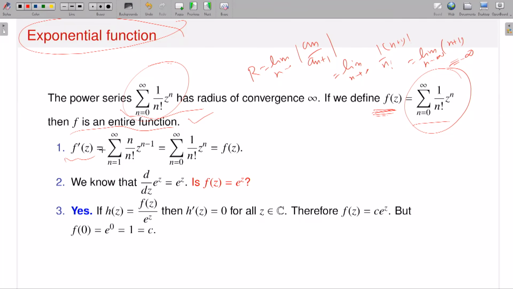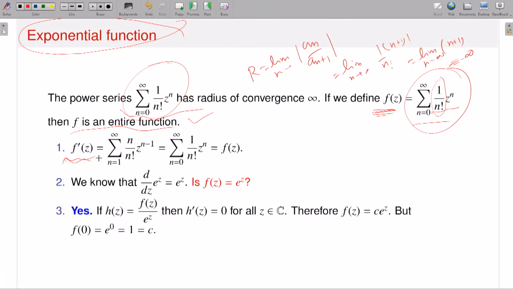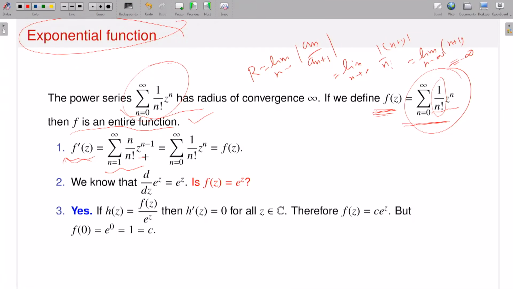Now if I take the derivative, what is the derivative? I already proved that if I have a power series and a sum function f, and I take the one-time derivative of the nth term 1 by n factorial z to the power n, then the corresponding new power series has as its sum function the derivative of the original sum function f. So the derivative of f is the new power series obtained by differentiating the nth term, that is n divided by n factorial times z to the power n minus 1.